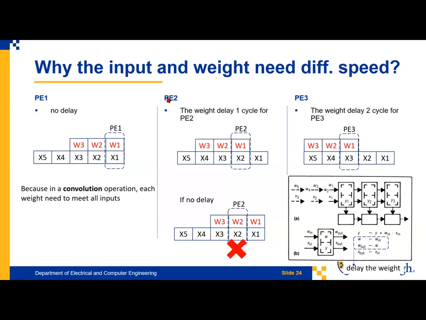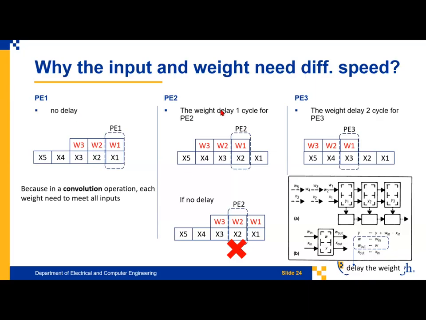And for processing element 2, if there is no delay, we would do the W2 multiplication with the X2, but actually this could be done in processing element 1.